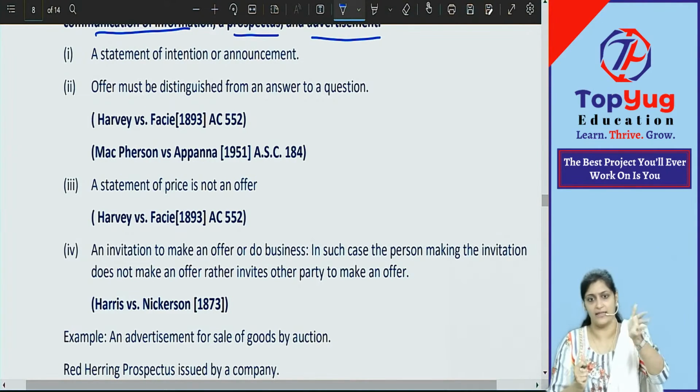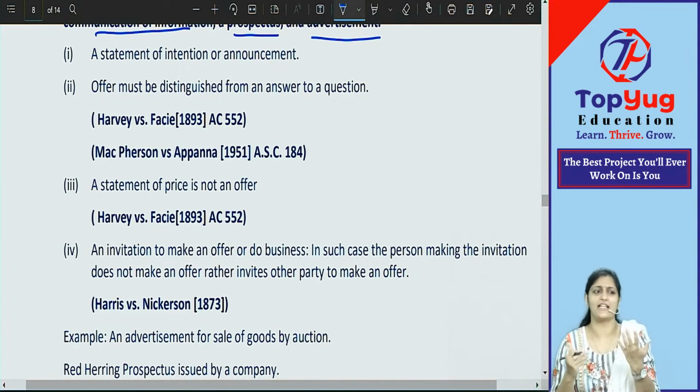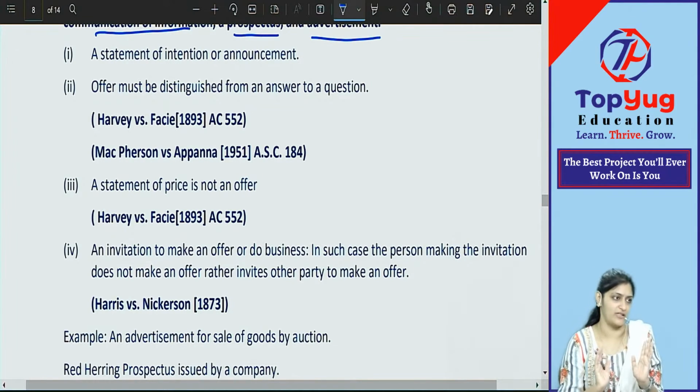There is no doubt in his mind. That type of thing will be only an offer. Just merely expressing your view that I may do or I may not do, those types of things are not considered to be offers. Got this point clear? So there should be a distinction between mere statement of intention and offer. It is not one and the same.